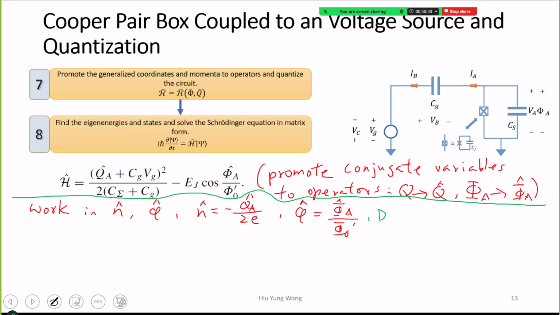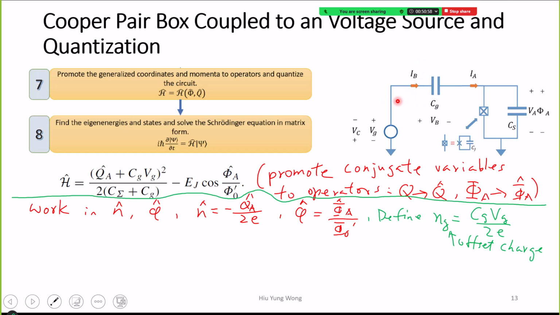This is just a definition: define Ng, the so-called offset charge, equal to Cg times Vg divided by 2e. This basically represents the effect of this capacitive coupling.